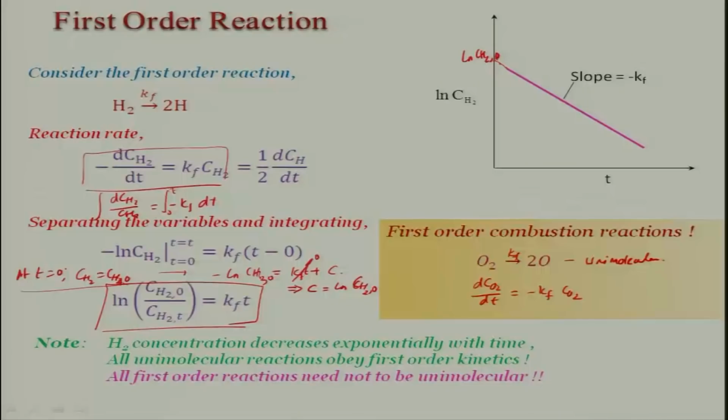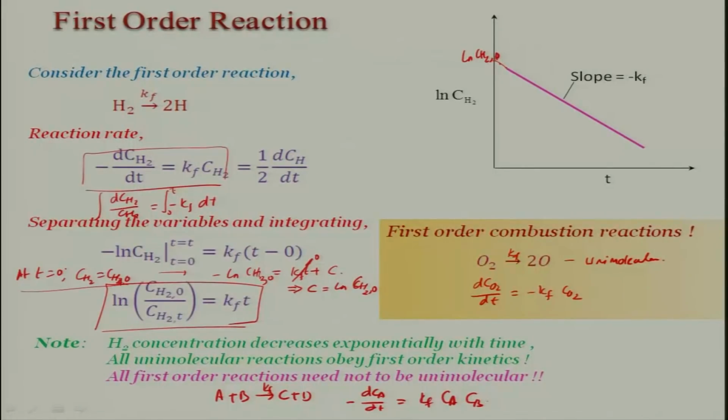For example, if I say A is reacting with B going to C plus D, right, and this is Kf, I can write dCA by dt equal to minus Kf Ca Cb, right.